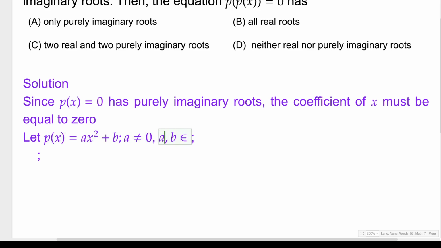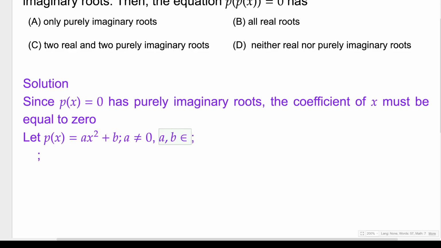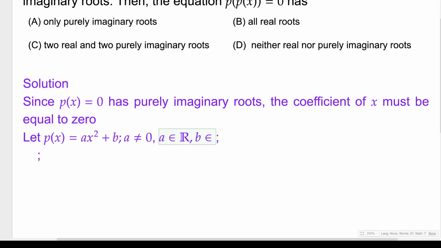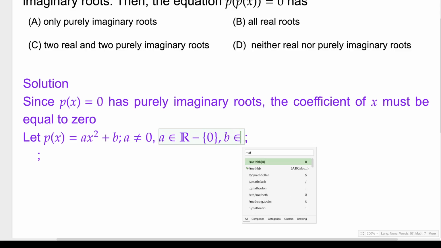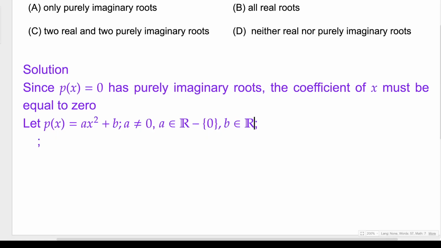So a will belong to the set of all real numbers but not 0. So a can take all real numbers except 0, and b will again belong to the set of real numbers. This is the situation now.